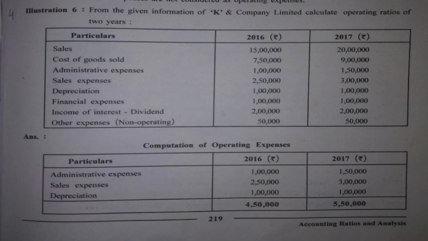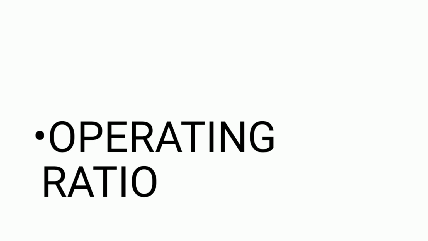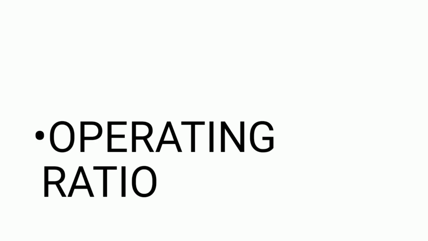What we have done in today's lecture, let us quickly have an overview. Firstly, this is the second lecture for chapter 5 from part 2. In the first lecture, we understood about gross profit ratio. In today's lecture, we have understood about operating ratio, the second profitability ratio.